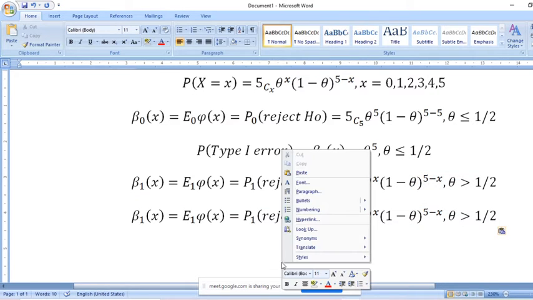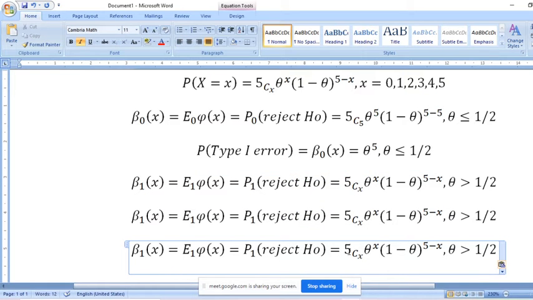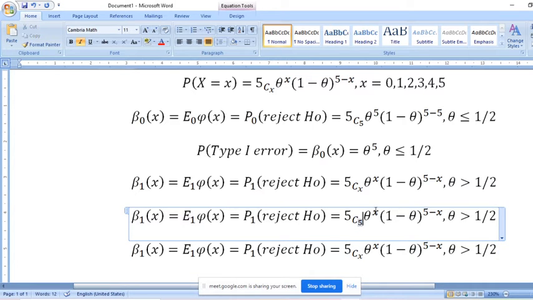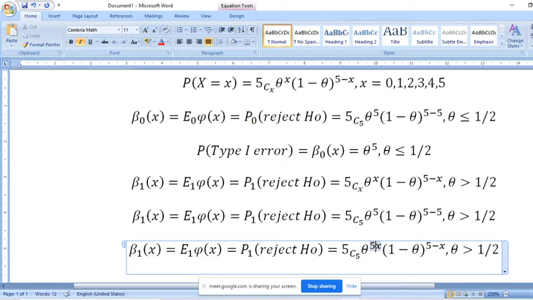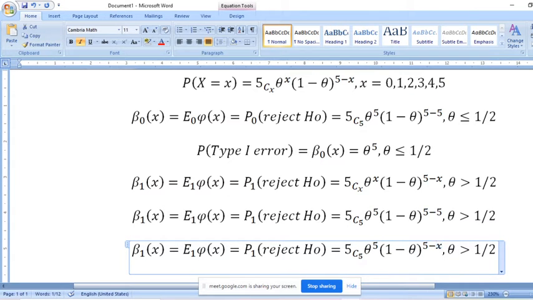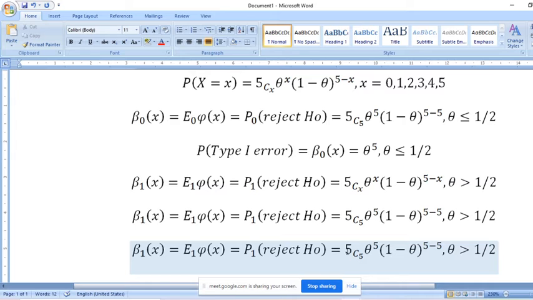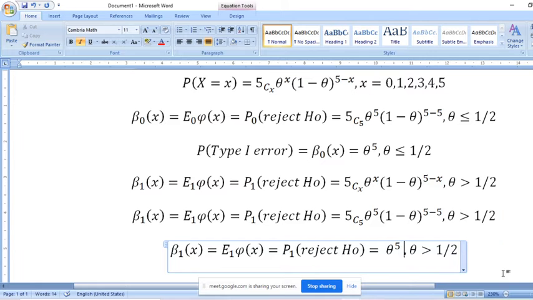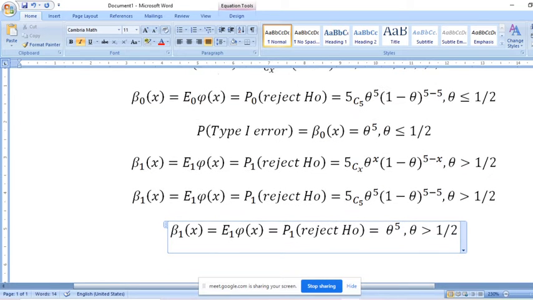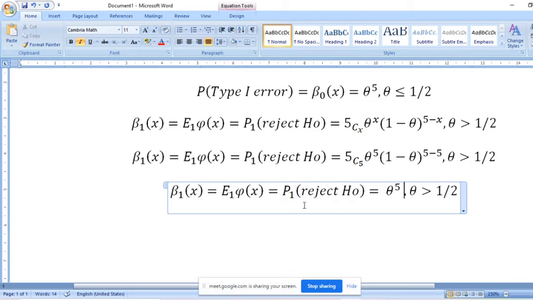We can remove this, and here we can put 5. In this case we can remove this term because that is 1, so just keep theta raised to 5.